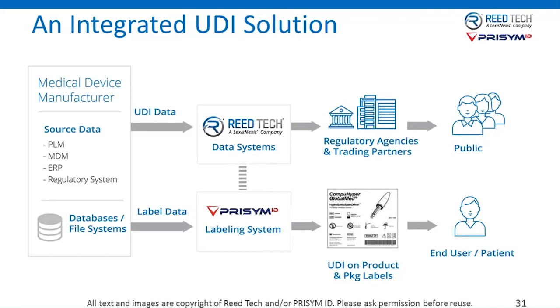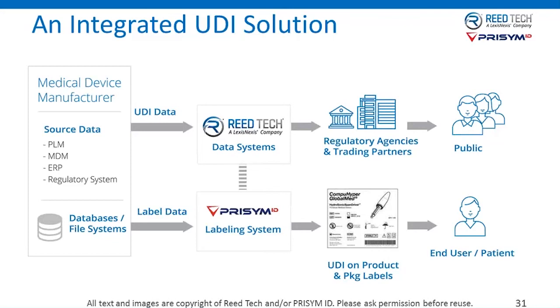One of the interesting things shown here, though, is the link between the two data streams. So you'll notice the vertical dotted line between Prisym and RETEC there. The reason for that is that clearly UDI data has to be very synchronized. What's submitted to the regulatory agency has to be what's actually appearing on your labels as well, clearly.